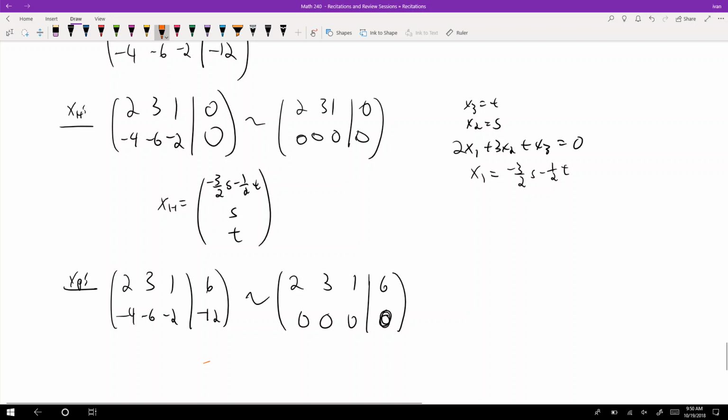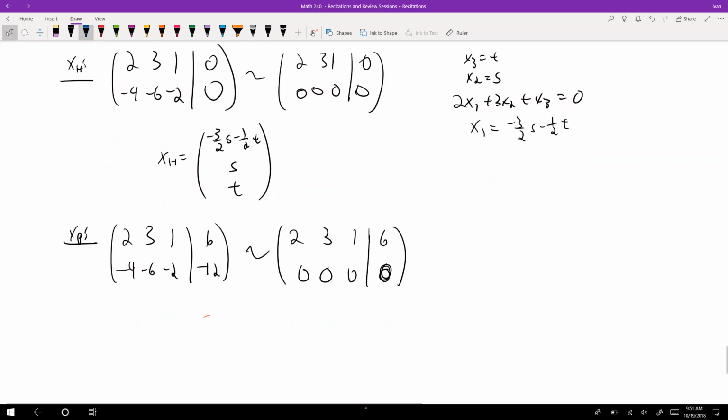All right, so what is a particular solution? A particular solution just literally means anything that makes this true. So I can literally pick anything. There are an infinite number of these that are correct. So what are some possible xp? Anyone? Literally anything that makes this true. 1, 1, 1.